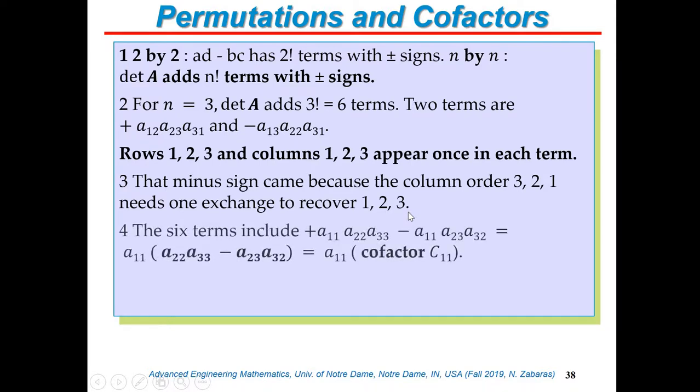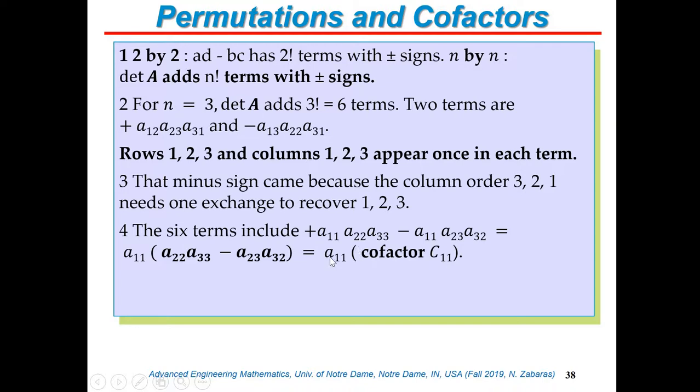So if we look again at the 3x3 matrix, and 2 of the terms that involve A11 look like this. So if you put the 2 terms inside the parenthesis multiplied by A11, this term inside the parenthesis is what we call the cofactor C11.